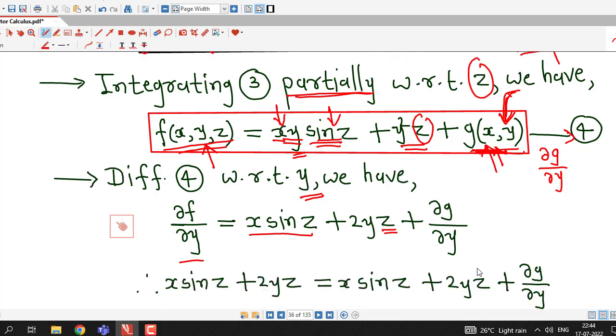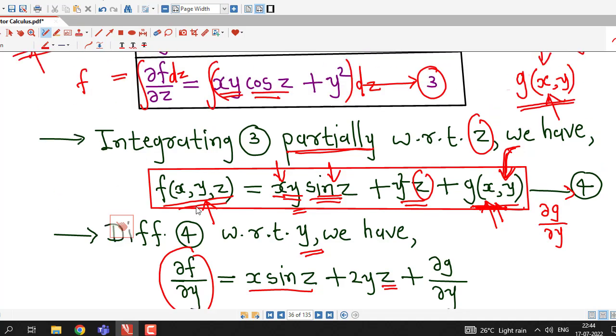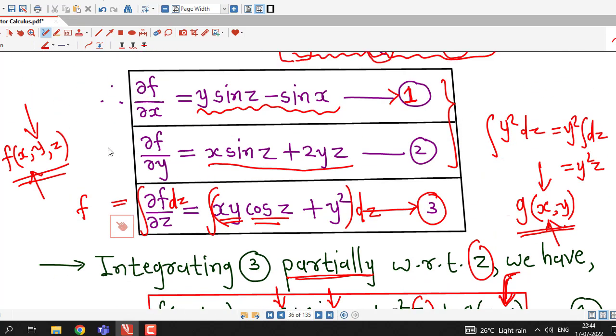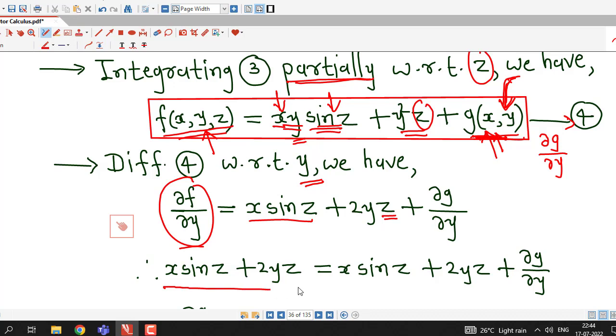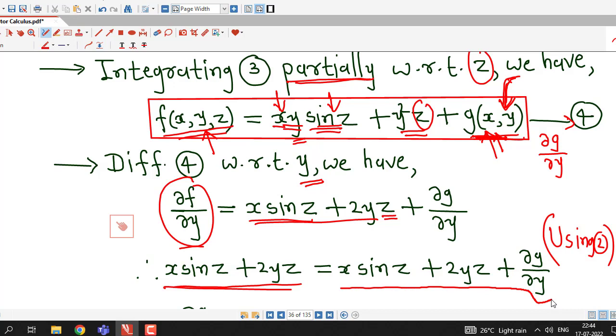Now we put the value of del f by del y from equation 2. Del f by del y is x sin z plus 2yz. That value we substitute here. So here we mention in the bracket, using equation number 2 we write del f by del y, which is x sin z plus 2yz, and this is equal to x sin z plus 2yz plus the partial derivative of g with respect to y.